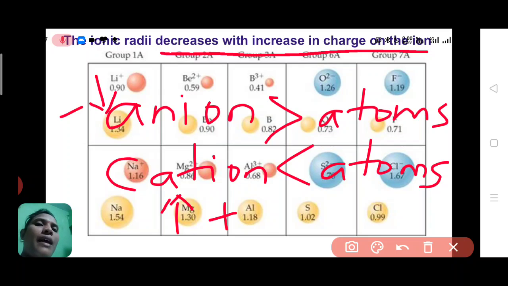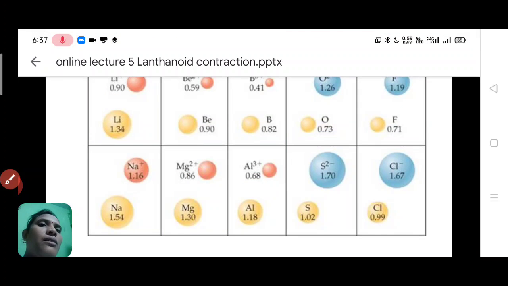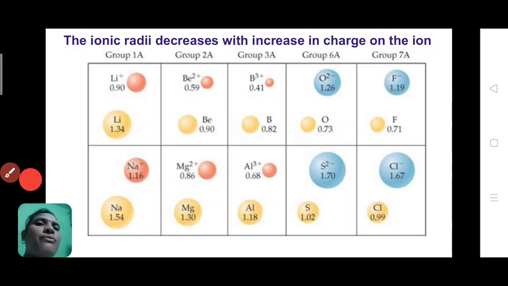So in an anion there is a decrease in charge and in a cation there is an increase in charge. So decrease in charge results in increase in size and increase in charge results in decrease in size. So there is an inverse relation between the increase or decrease of charge and ionic radii.